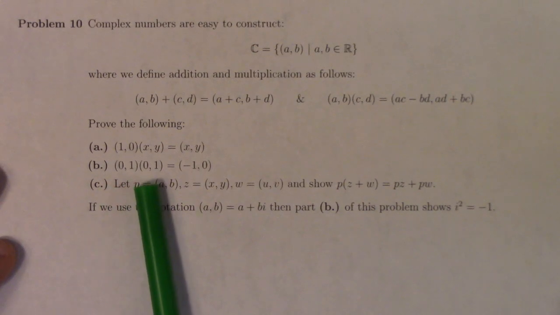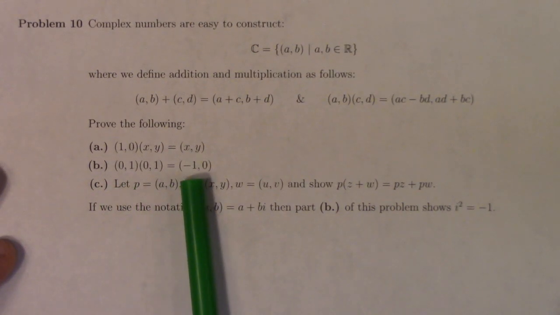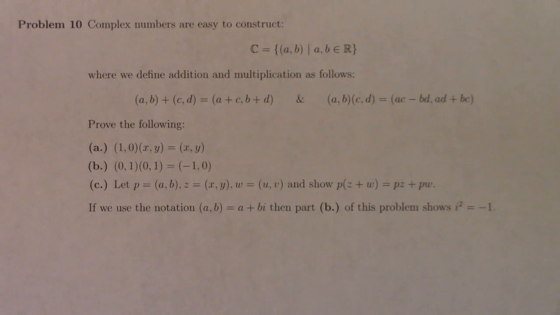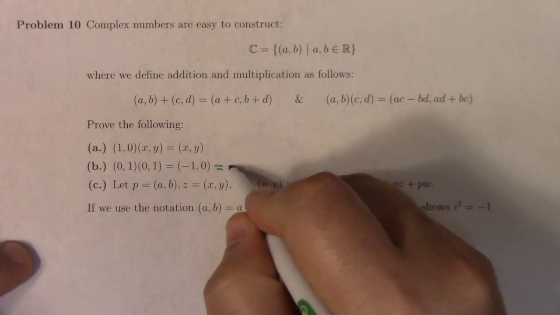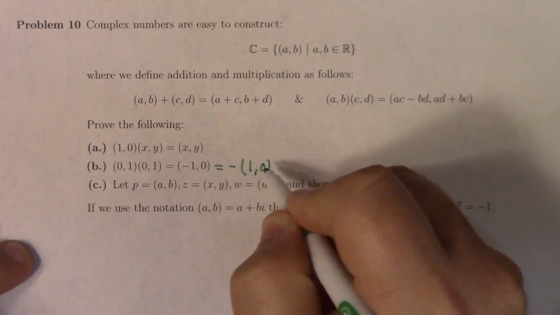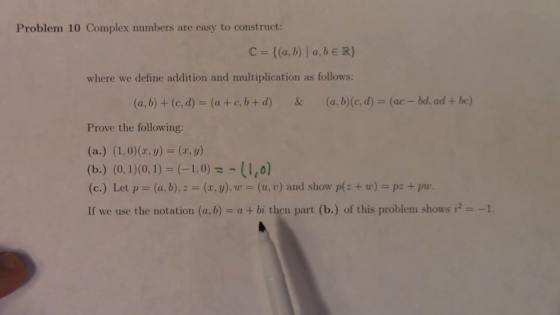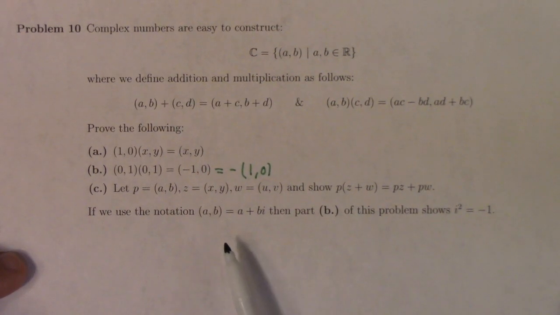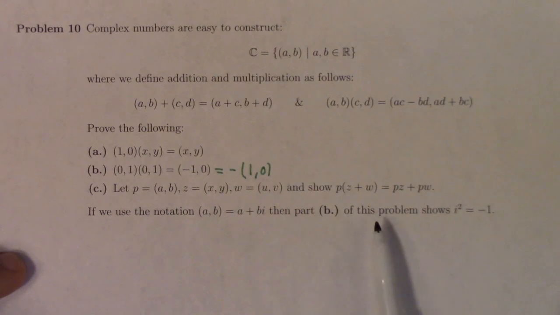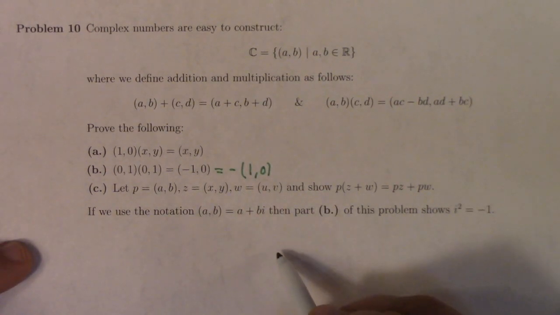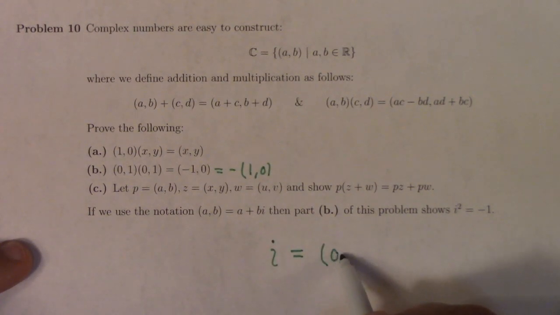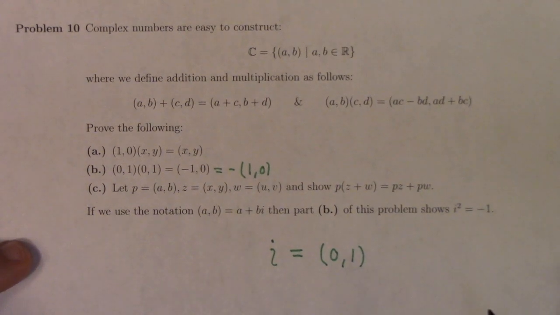In contrast, (0, 1) times (0, 1) is (-1, 0), and you could just as well look at that as the number minus 1. In other words, if we use the notation a plus bi, then part b of this problem is really showing you that i squared is minus 1, and that the number i is modeled by the pair (0, 1).